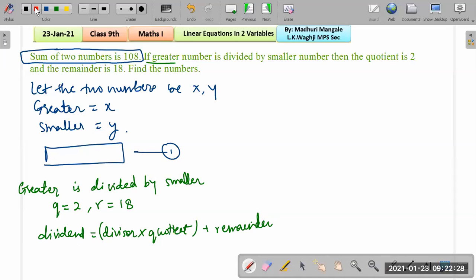We know the greater is x, the smaller one is y, the quotient is 2 and the remainder is 18. Then you need to get the equation in standard form. Standard form means get the x and y terms on one side. Get these two equations, and I am going to add this question to quizzes.